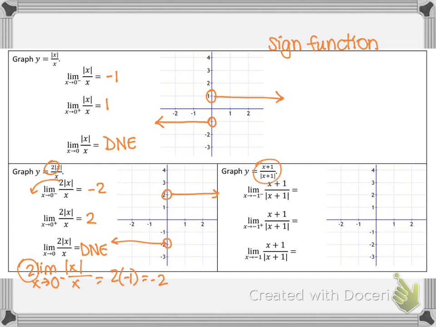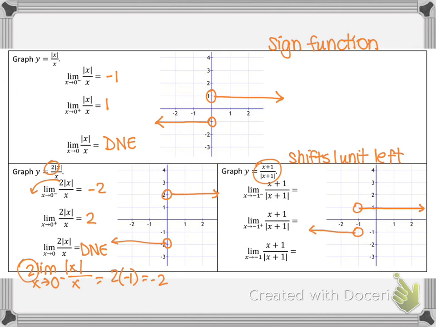This one you can't do that way. And this one has the absolute value in the denominator. It doesn't matter if that absolute value is in the numerator or denominator. It's still going to be the same graph, except this one was shifted 1 unit left. So taking our original graph, shifting it 1 unit left, like so.